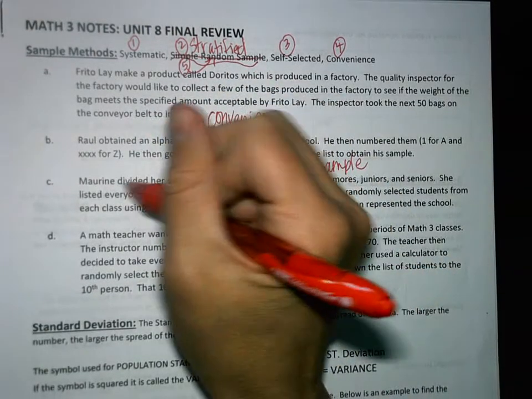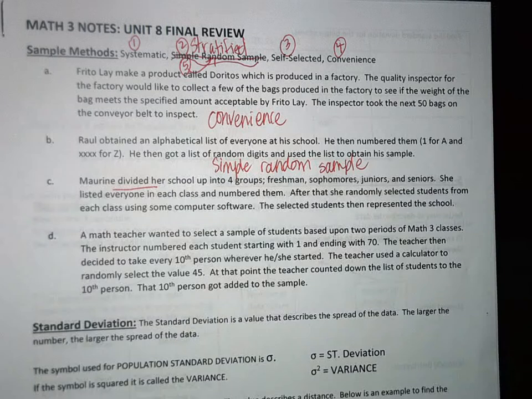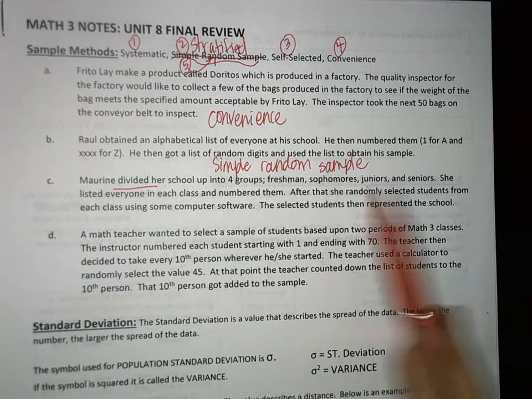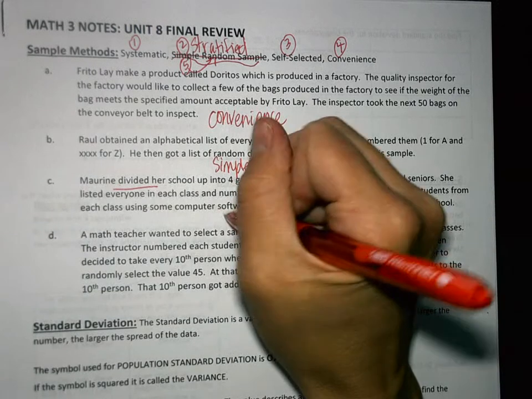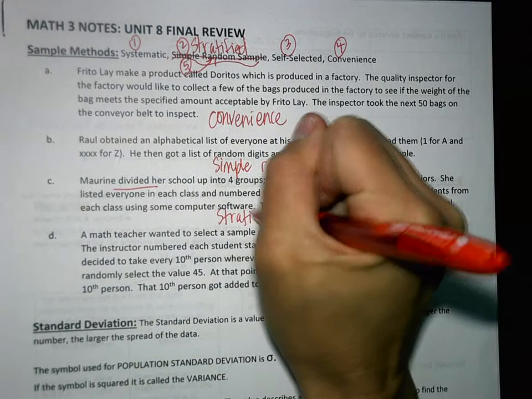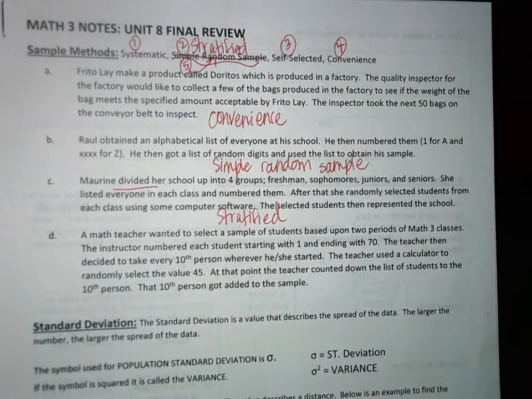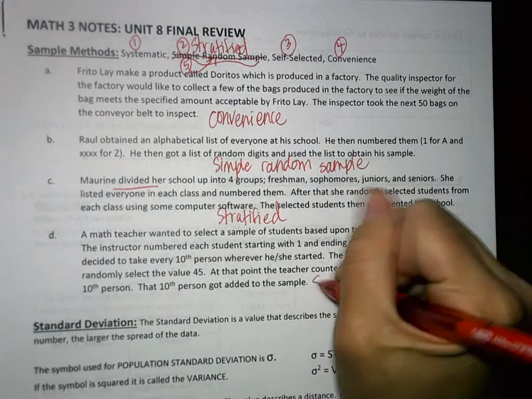Stratified is when they divide into groups. So see how they're divided into groups? Okay, and you have freshmen, sophomores, juniors, and seniors. And then from each of those groups, they take a random sampling. Okay, so that is your stratified. Okay, and then D. What do we think D is? Good. So D is systematic.